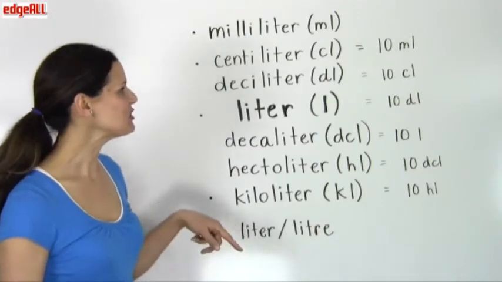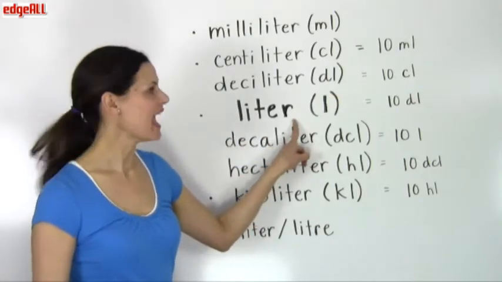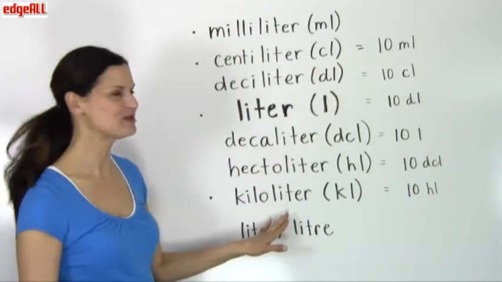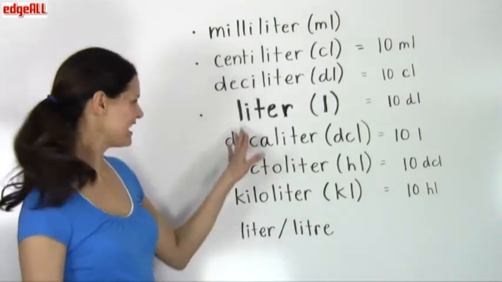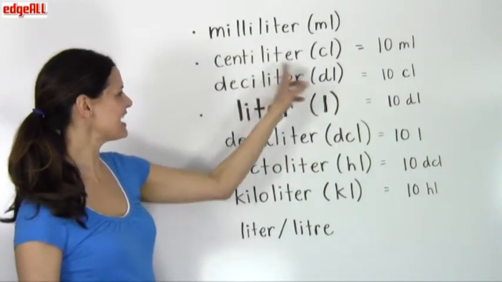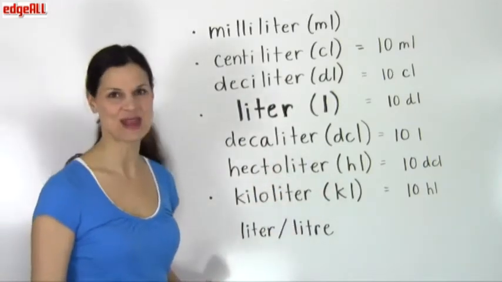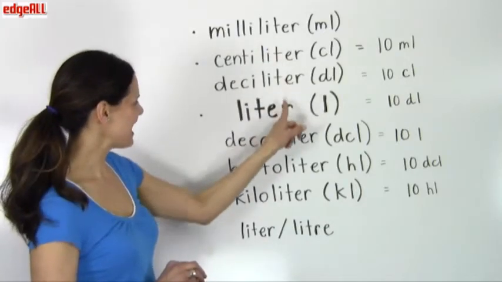The base unit of capacity is the liter. And you can see that all the units used to measure volume have the word liter in them as a suffix. At the end of each of these measurements, the word liter is included in every one of them.